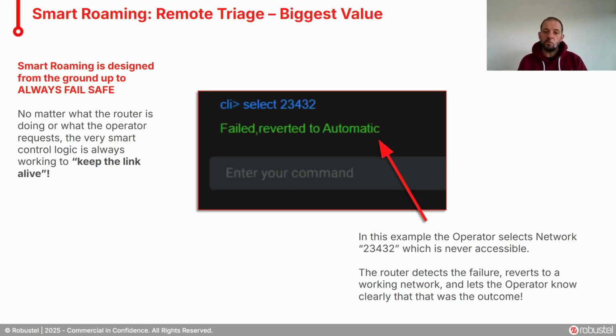It reverts to automatic network selection and you don't end up with a completely stranded router. And absolutely everything about smart roaming is always working to get you a connection. So even if you break something yourself by forcing a network change, there is recovery logic everywhere, because the last thing we want to do is leave you with stranded routers.